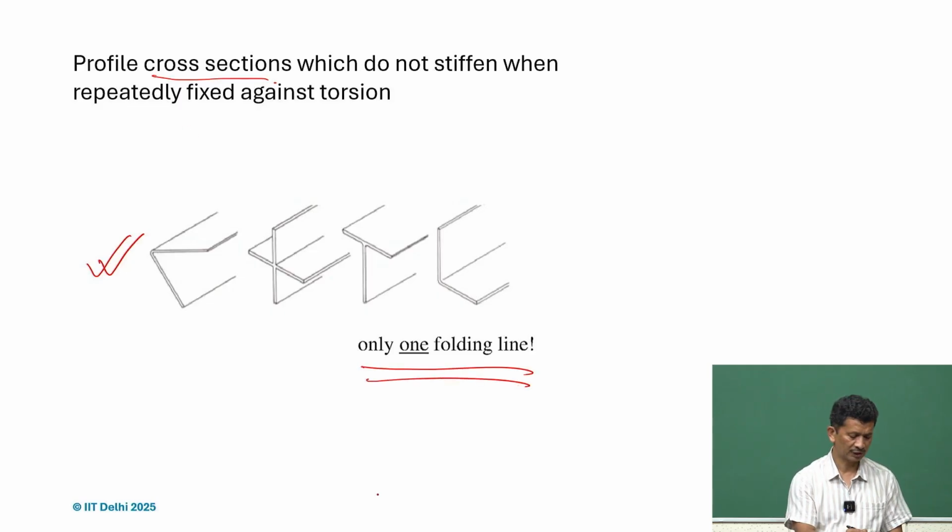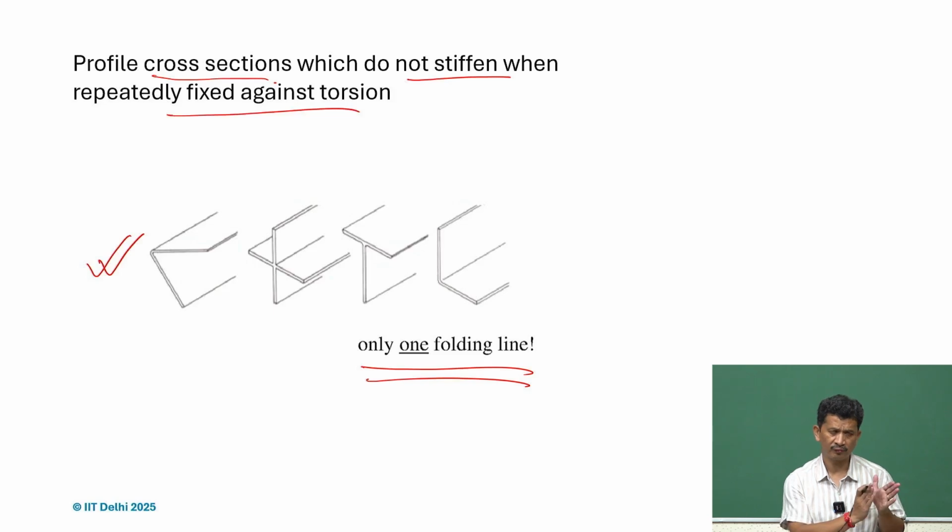So we can see whether it's an L or plus or cross or T. Here there is only one folding line, and in these cases, even if we clamp from the sides, we cannot stiffen because these are torsionally compliant, and they do not stiffen even if we repeatedly fix against torsion. So even if we close the ends, we cannot stiffen it.